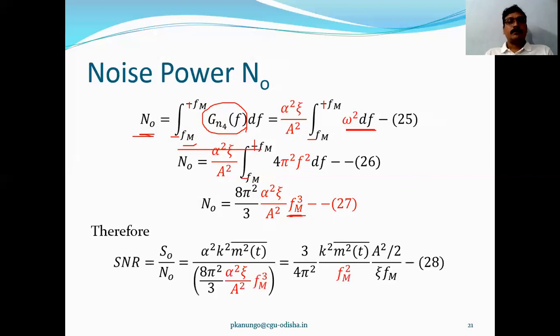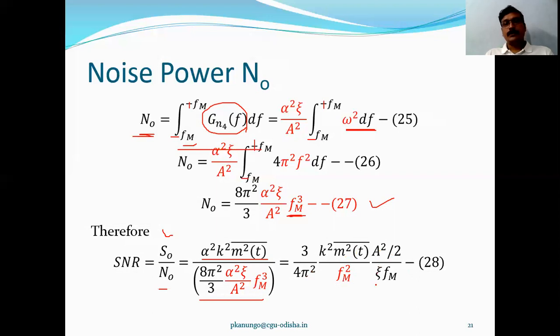So therefore we can write the signal to noise power. The S0 we have already calculated, that's alpha square k square m square t bar, and N0 we have calculated in equation 27, which we put here. If you simplify this, it would be 3 by 4 pi square k square m square t bar by fm square into A square by 2 by zeta fm.